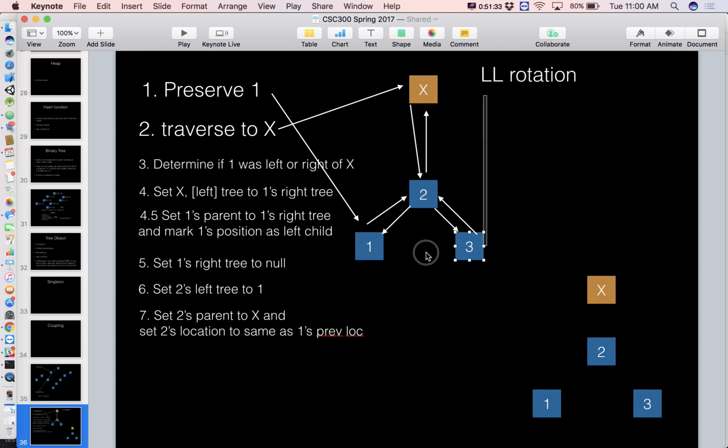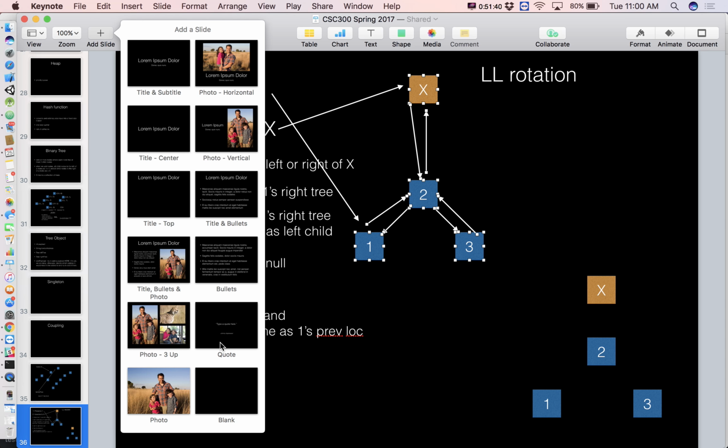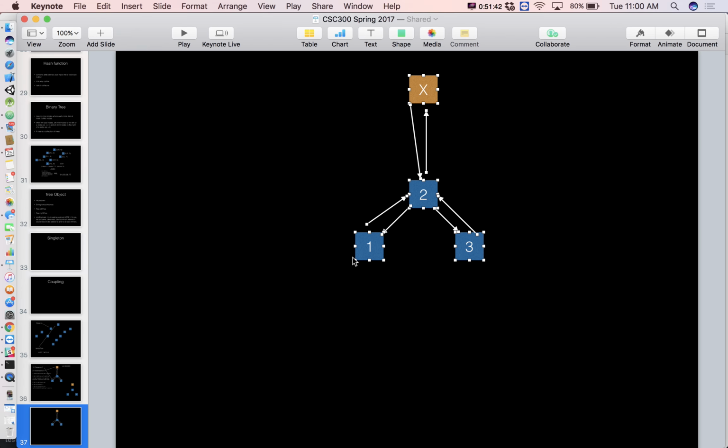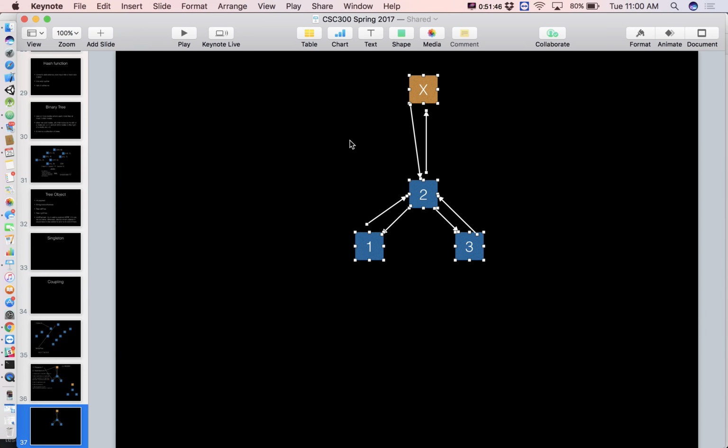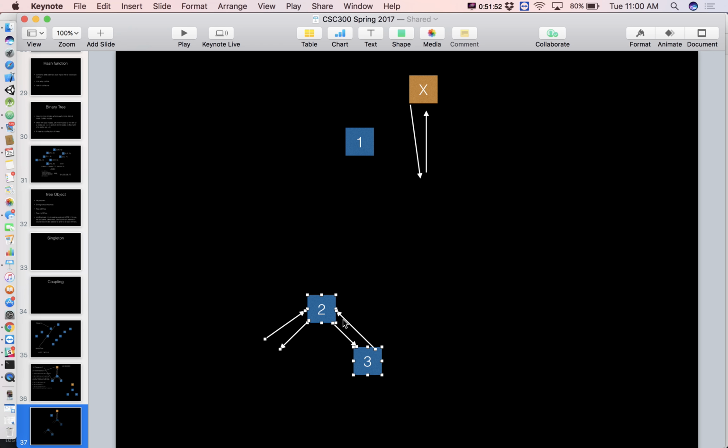I'm going to steal that. Okay, and we need to have it 1, 3, 2. Okay. It's like Legos.